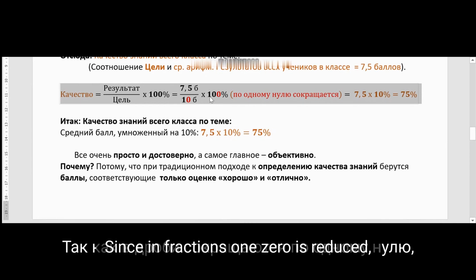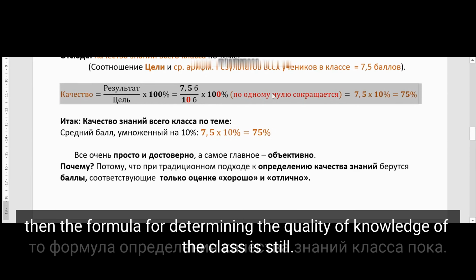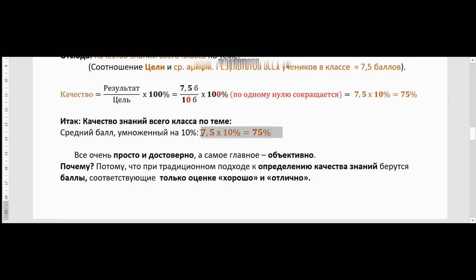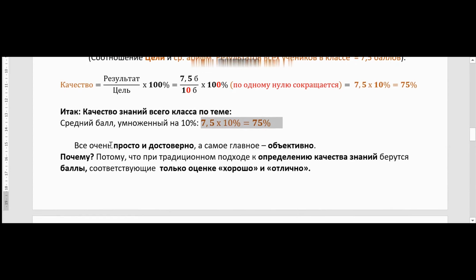Since in fractions the 0 is reduced, the formula for determining the quality of knowledge of the class is still 7.5 by 10% equals 75%.